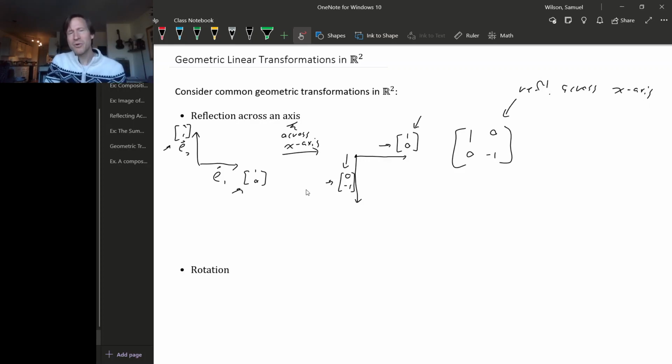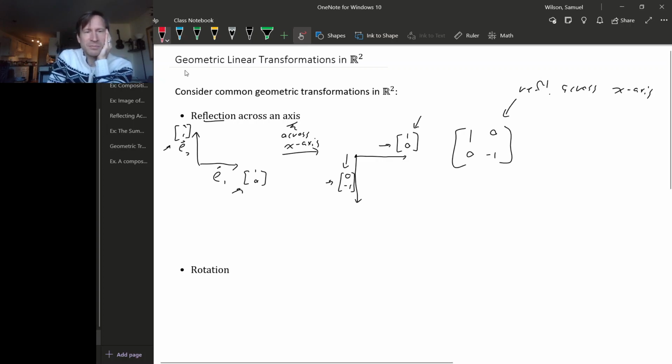Maybe one word on why this geometric operation actually is a linear transformation. Remember, a linear transformation has to preserve vector sums and scalar products. That is to say, the transform applied to a sum of vectors has to be the same as the sum of the transform of the two vectors individually.